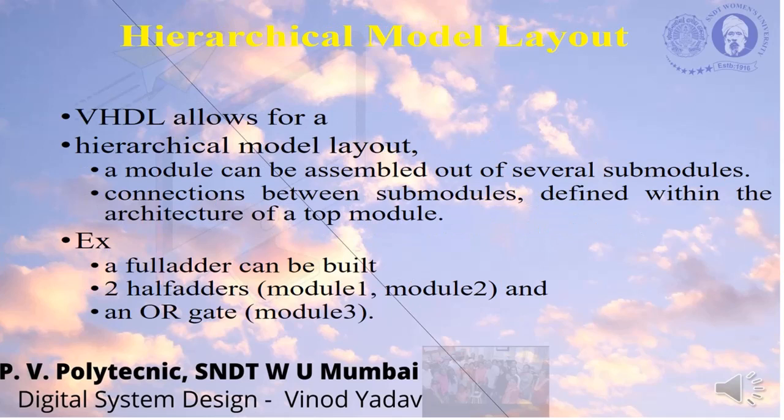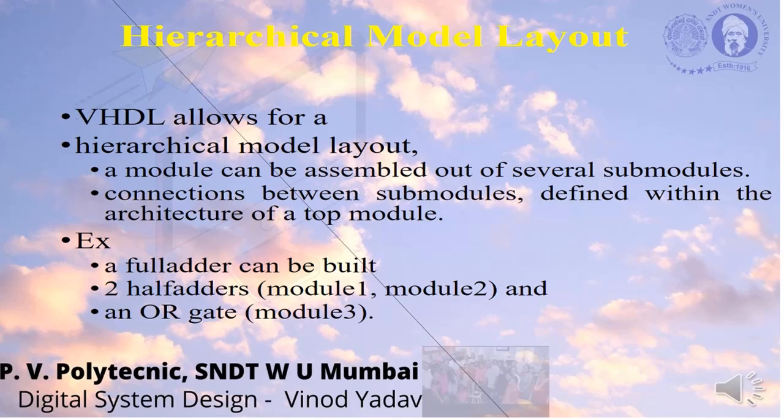Now VHDL allows for a hierarchical model layout. A module can be assembled out of several submodules. Connections between submodules are defined within the architecture of a top module. For example, if you want to make a full adder, you know that a full adder can be made by using two half adders and an OR gate.